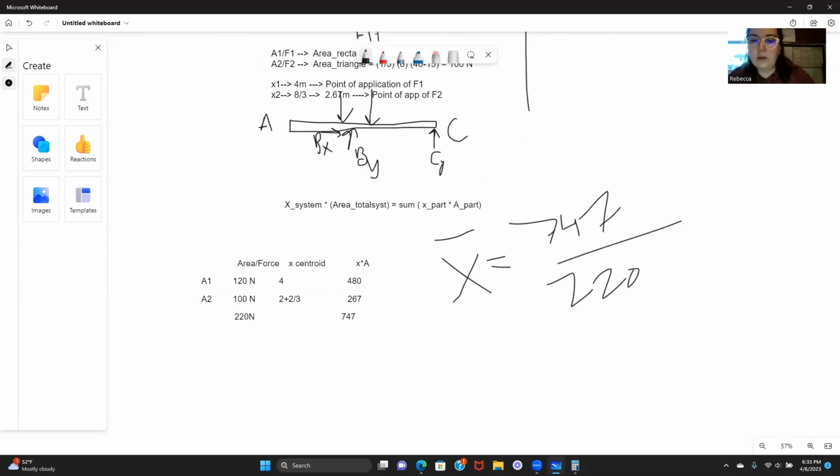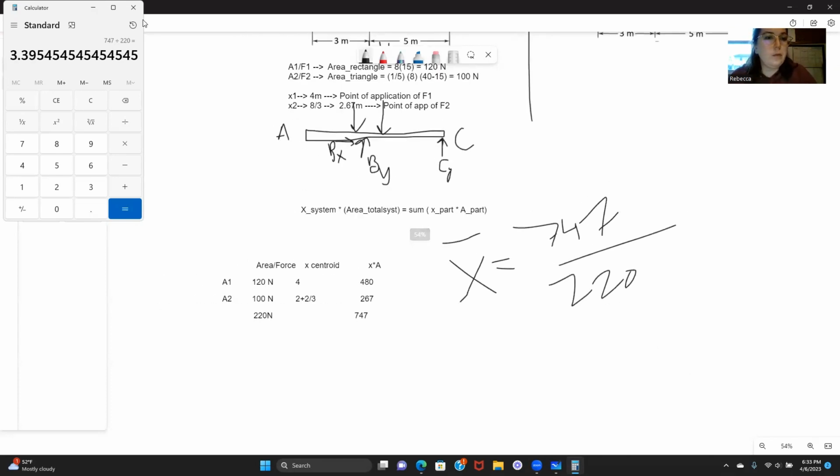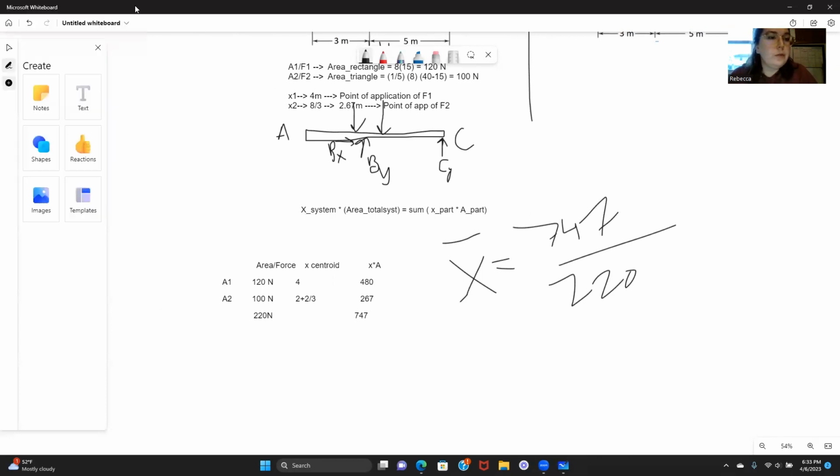And we would find that the point of application, if we were to find one single point force equivalent, this 220 newton force, the single point force equivalent would be acting at almost 3.4 meters. We would expect it to fall between both of these two values.